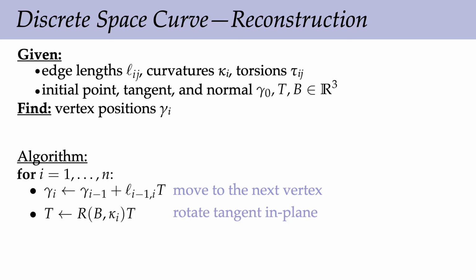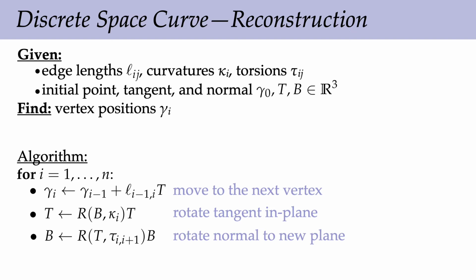Now I know which plane I'm in because I have this normal, and so I can rotate the tangent in plane by my curvature angle kappa. Now I have a new tangent t, and to get the new normal of my plane, the new binormal, I just rotate by the torsion angle tau, which is associated with this edge, and then repeat. Now I'm at a new point, I move along the new tangent, I rotate it in plane, I rotate the normal of that plane by the torsion angle, and so on.